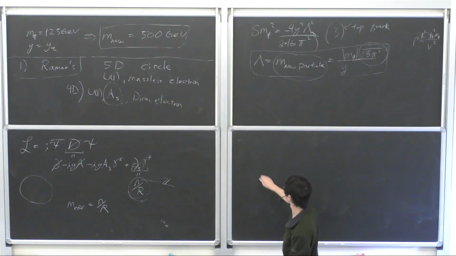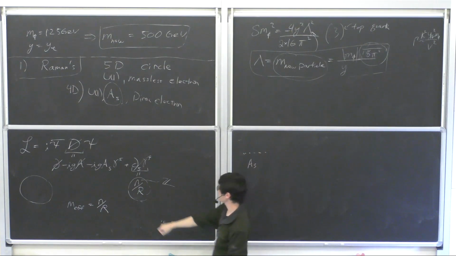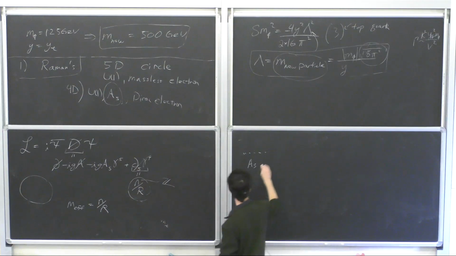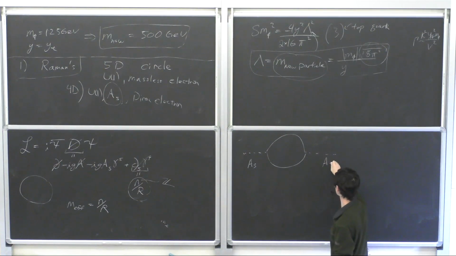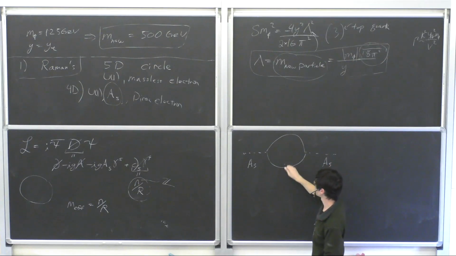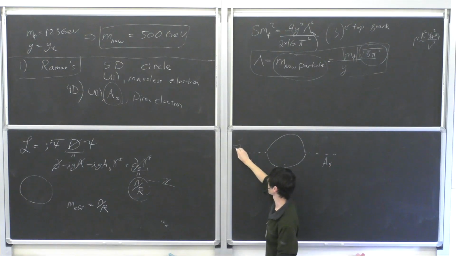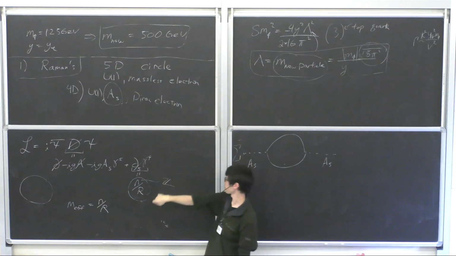Okay, A5 has a coupling to your fermions, A5, and here you sum over all the different fermions, sum over the different masses.